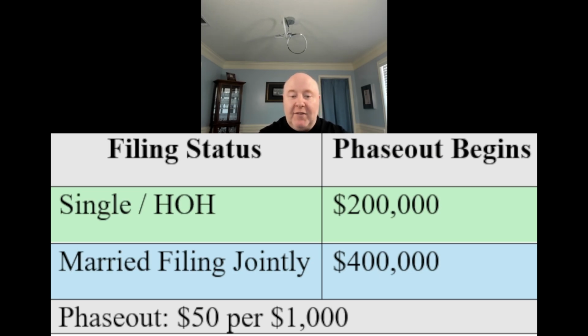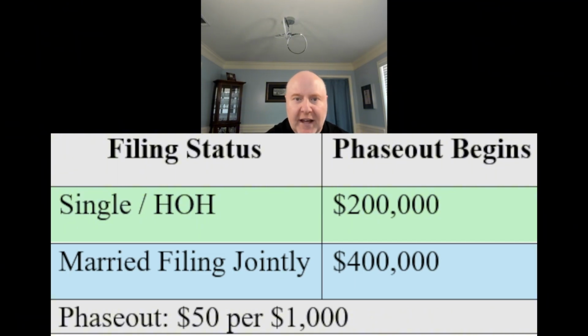So in my situation where I said you're at $201,000, you would have phased out by 2 increments of $50. So you would have phased out by $100. So if you had one child in that situation, so you had the $2,200 tax credit, it would have knocked us down to $2,100 if you had that one child. But let's go ahead and work through an example so you can see the actual phase out on screen instead of just me explaining it to you.